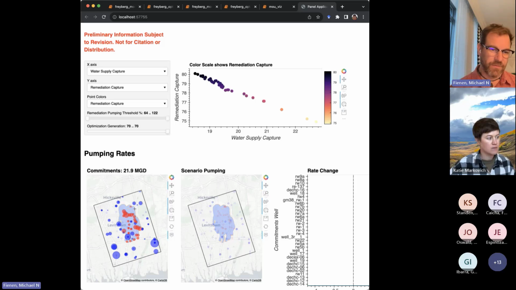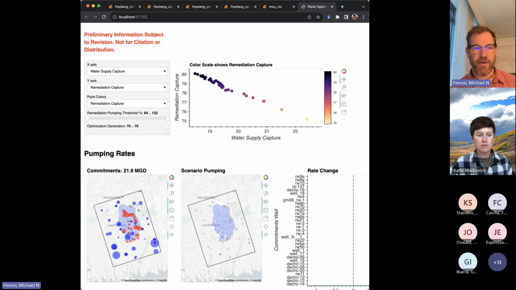This blue shape is the plume of contaminant. There are already water supply wells within the plume, so just saying there shouldn't be any contamination in water supply wells is an infeasible solution here. That basically wouldn't be possible. In actuality, they're doing wellhead treatment at those water supply wells.